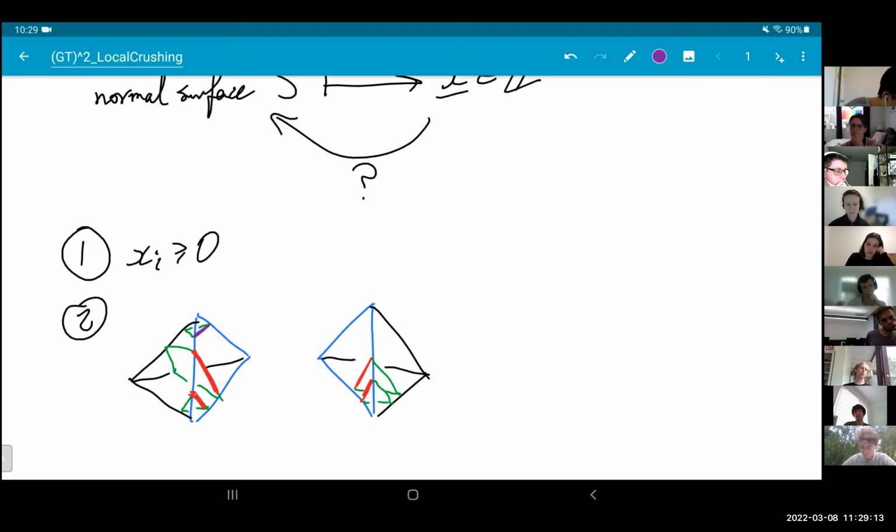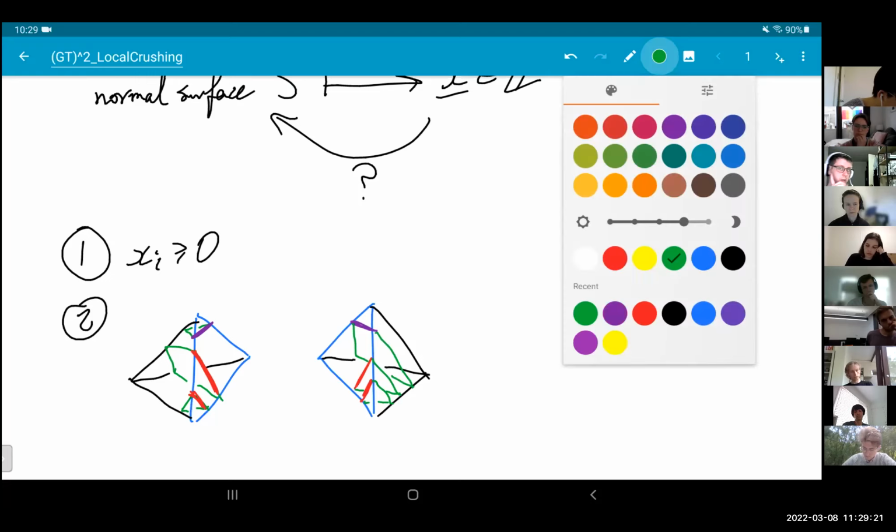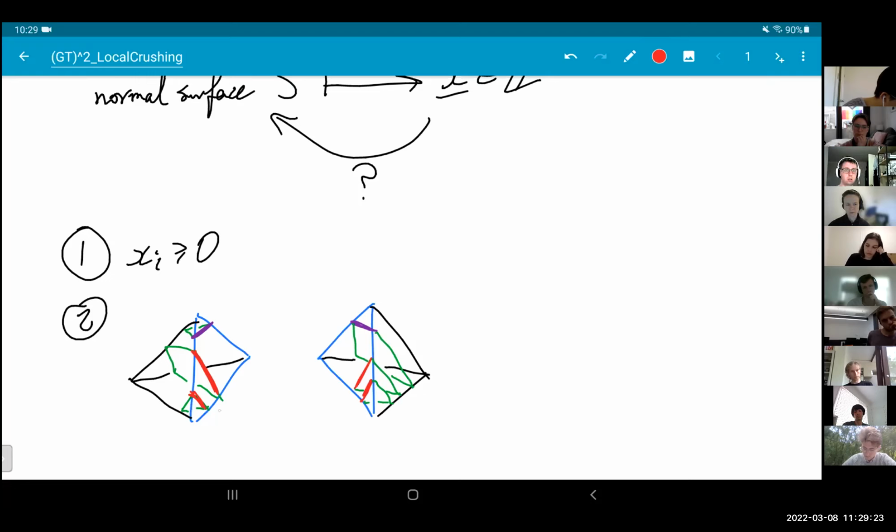And the purple arc, you also have to have a purple arc here, and maybe that's a quad. Who knows? So the way you write this down is, let's say T0 represents the number of triangles of this type, and Q0 is the number of quadrilaterals of that type, and T1 is the number of triangles of this type.